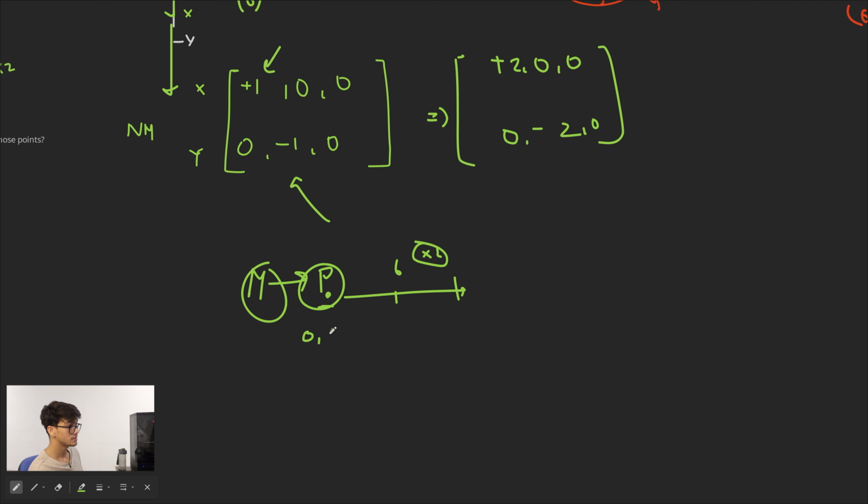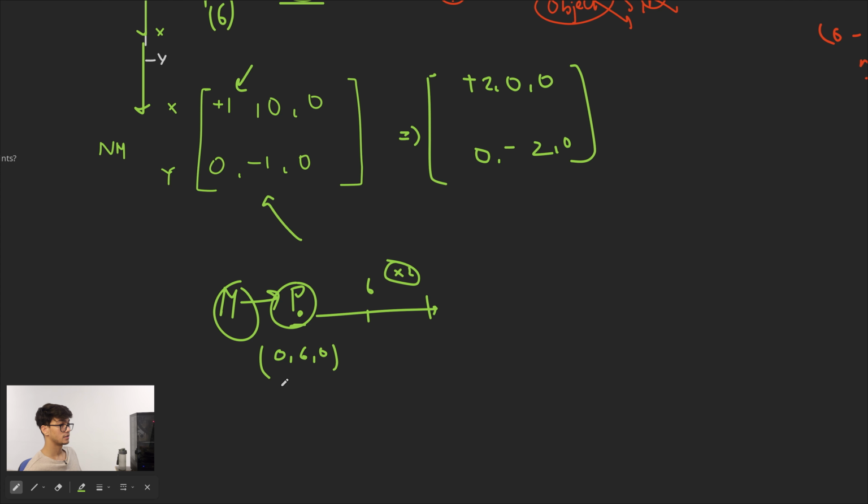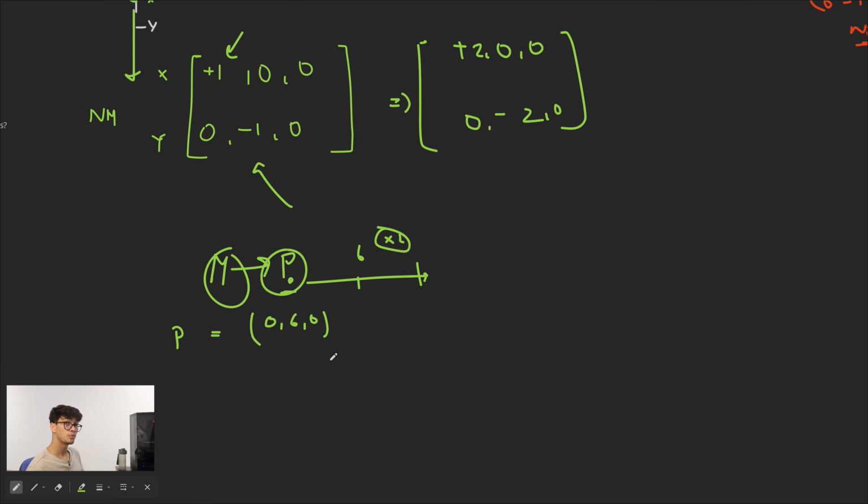These point positions say it is in 6. So what will happen here? This is our point position, and how will we get our new point position? We will get our new point position by matrix multiplication by point position. This is how it works.